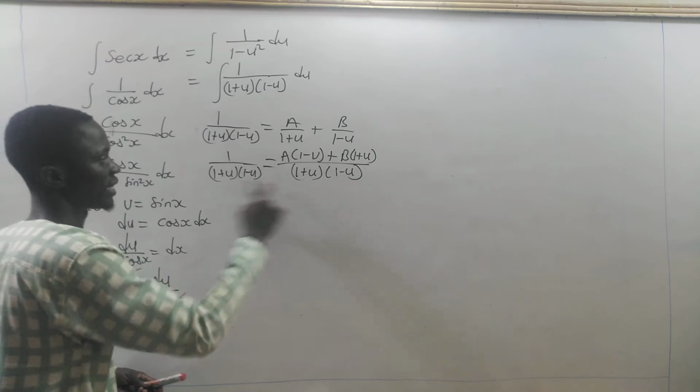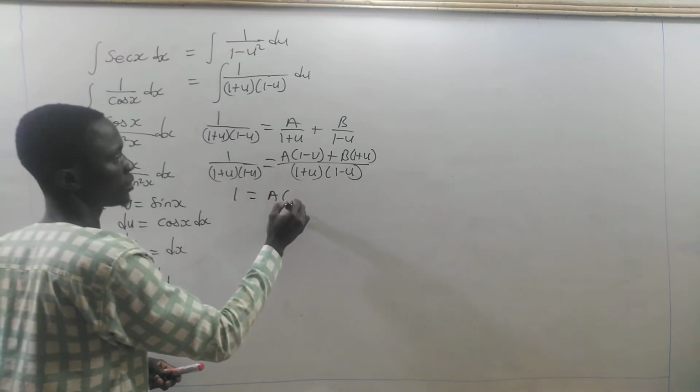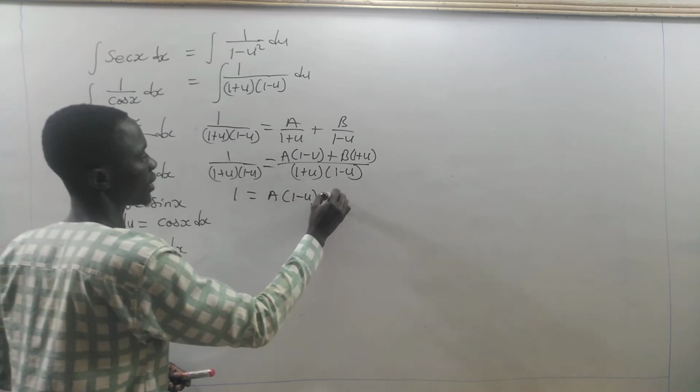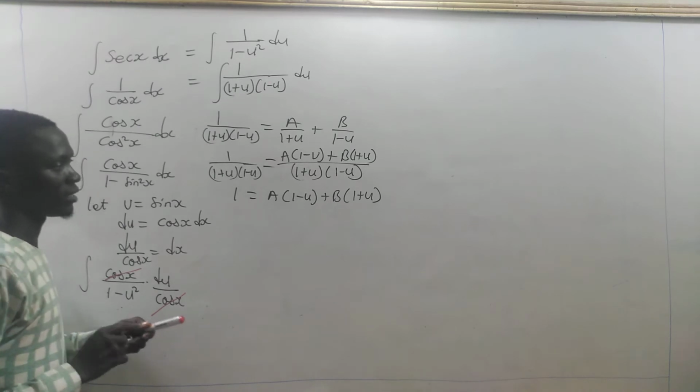Now since the denominators are the same, you equate the numerators. You have 1 equal to A times 1 minus u plus B times 1 plus u. Now what do we do again?